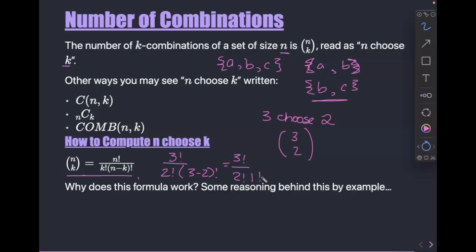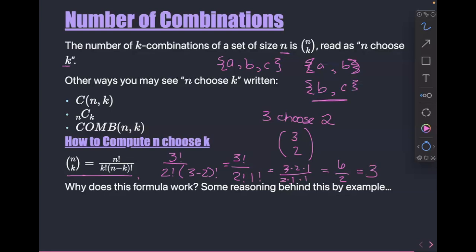And then you could simplify this out. We could write it all out just for practice. So 3 times 2 times 1 is our numerator. And then 2 times 1 is 2 factorial, times 1 factorial, which is just 1. So 3 times 2 times 1 is 6, and 2 times 1 times 1 is 2. So 6 divided by 2 is 3. So there should be 3 possible combinations.